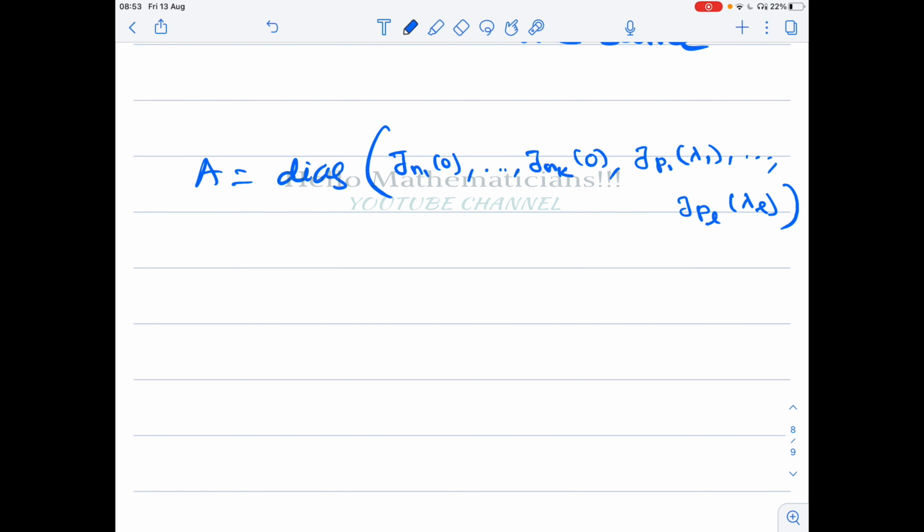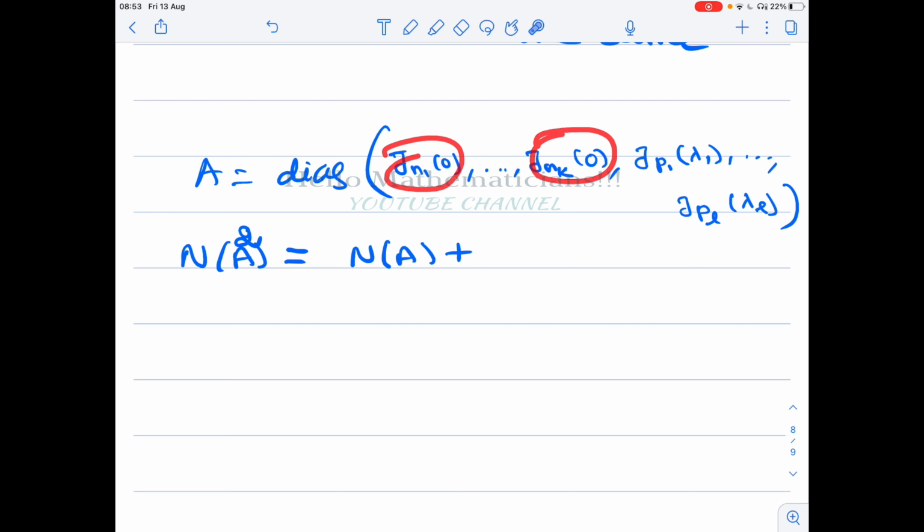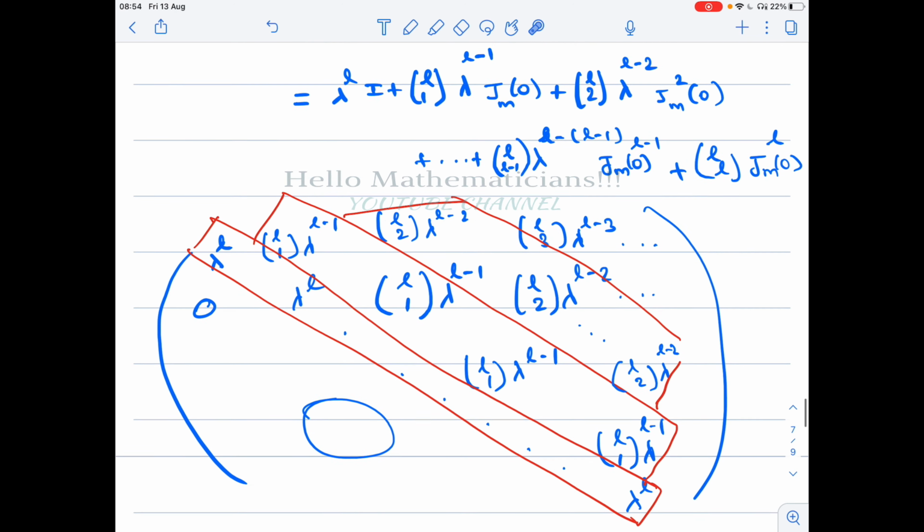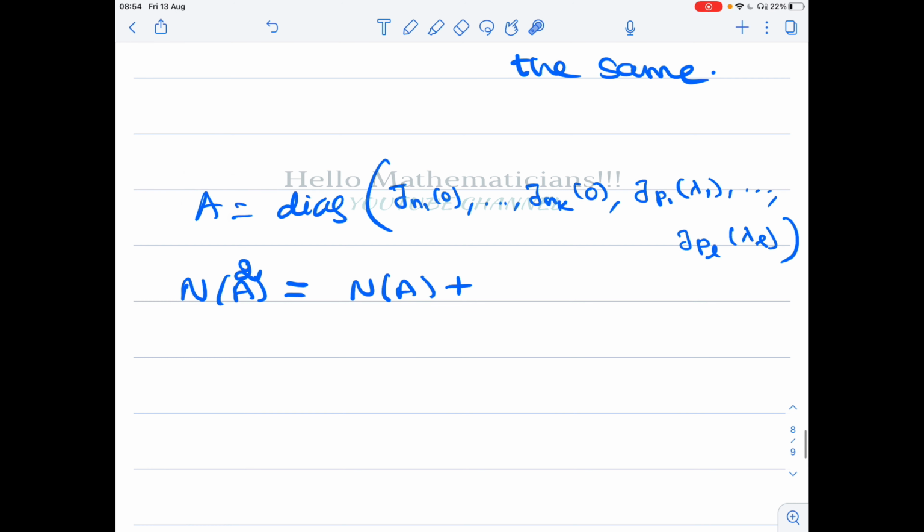So the nullity of A square will be the nullity of A plus the number of blocks corresponding to 0 whose size is at least 2. So even for arbitrary matrices, whatever we have proved above, that nullity of A square equals nullity of A plus the number of Jordan blocks corresponding to 0 of size at least 2, holds true. Not necessarily only for nilpotent matrices, even for arbitrary matrices we can argue like this.